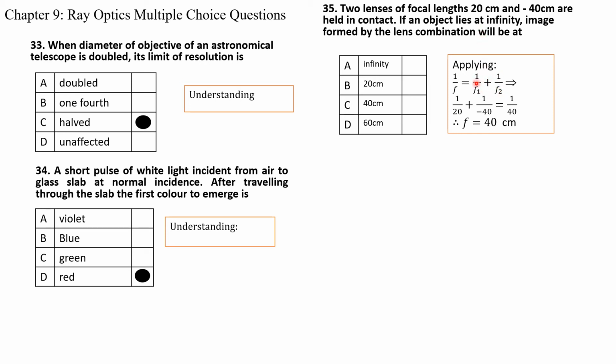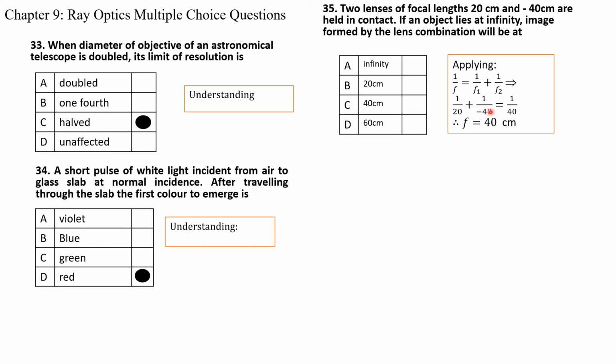So 1 by F1 is 1 by 20 plus 1 by F2, and F2 is minus 40, so 1 by minus 40. So 1 by 20 plus 1 by minus 40, the sign becomes minus.